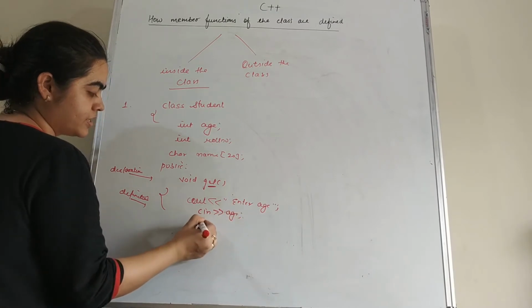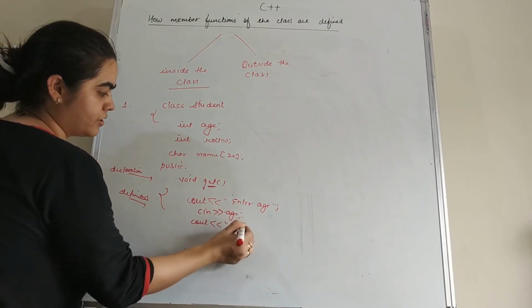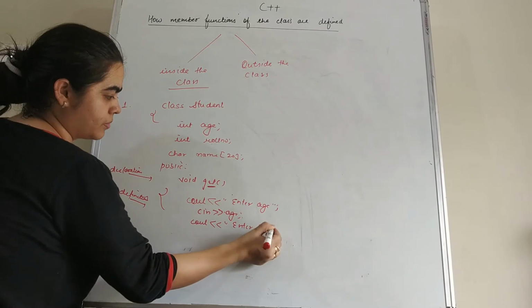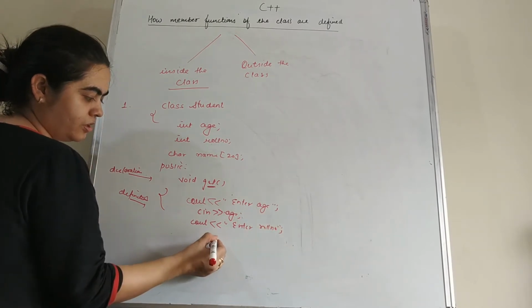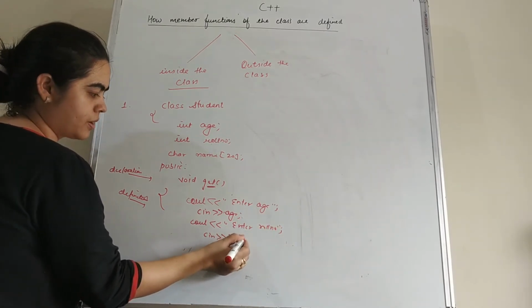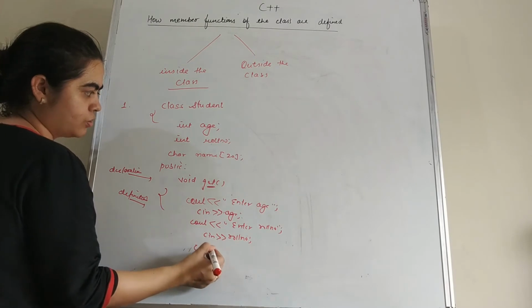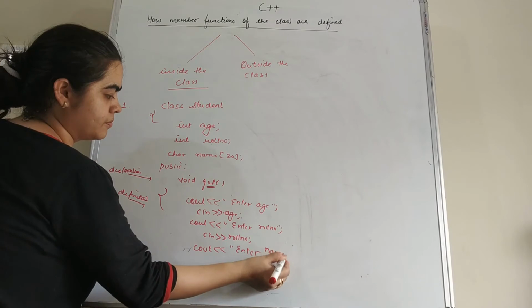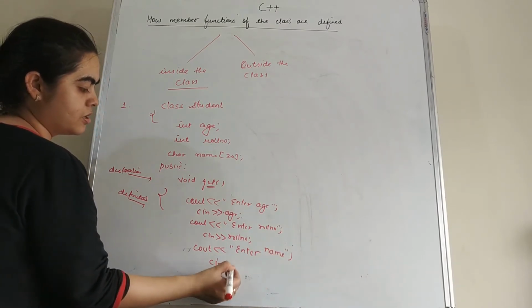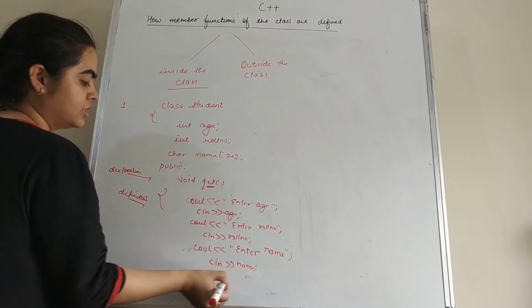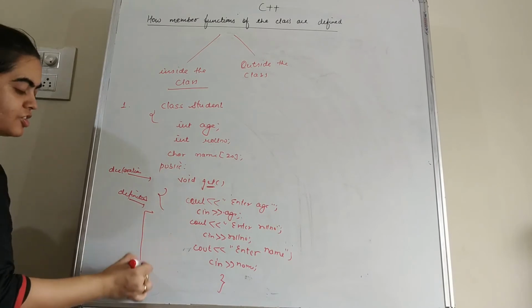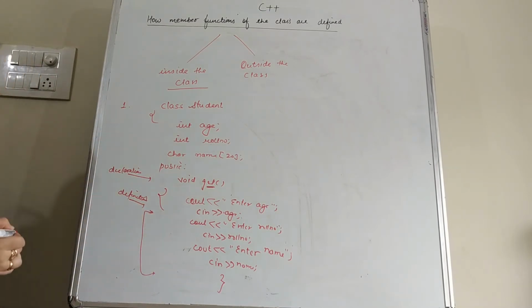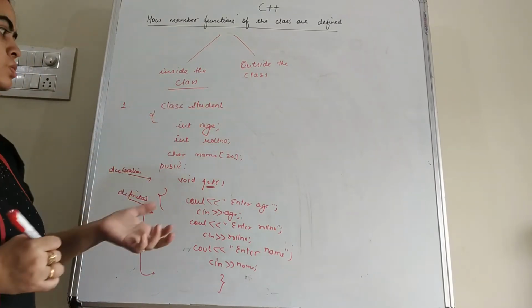Again next statement is cout enter roll number, cin roll number. After this cout enter name, cin name. So students, this is the definition of the first function that belongs to the class student.